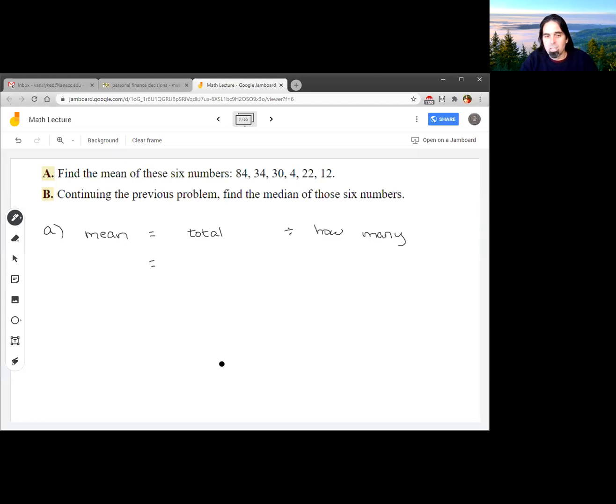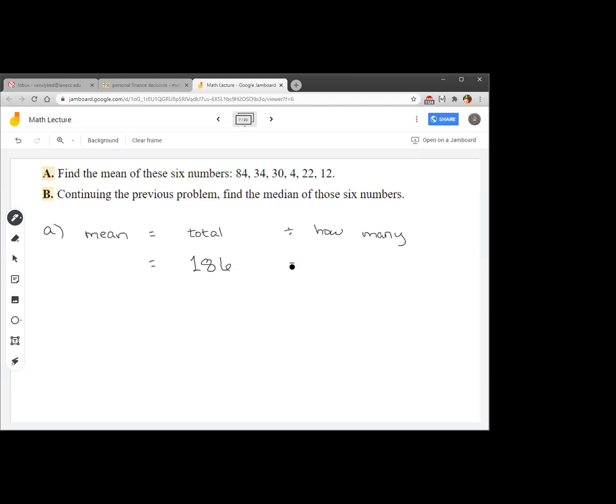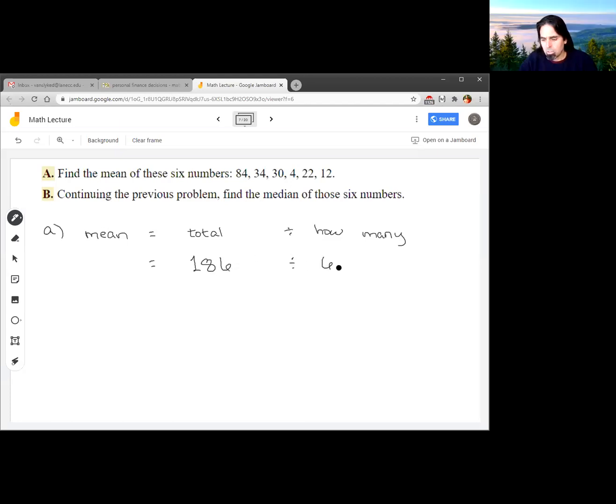I got 186. Does that match what you got? Yeah. And there's 6 numbers. So we get 31. This isn't a word problem, so I just put a box around it. I don't know if it's pounds or years or who knows what the answer is labeled.